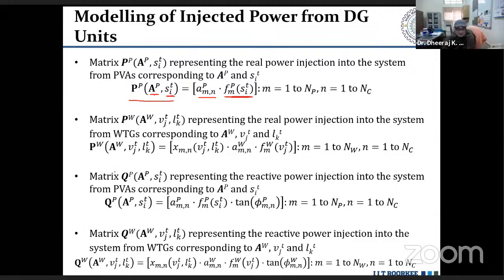Similarly, we computed the active power injection from wind turbines. So that is the location matrix, wind speed state, and here we have considered load also, because for stability reasons the total capacity of wind is restricted to a certain fraction of total load.